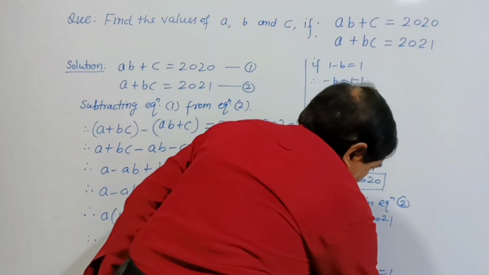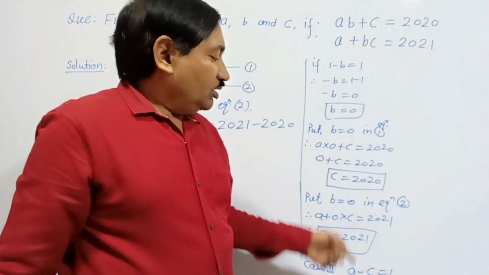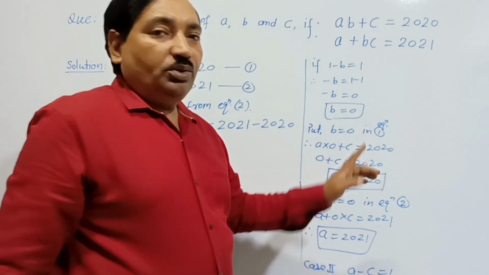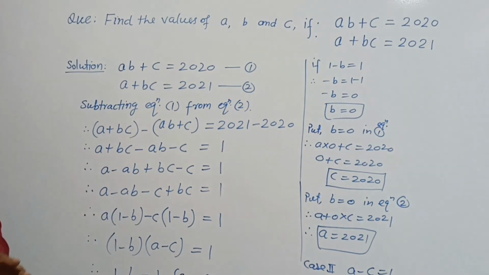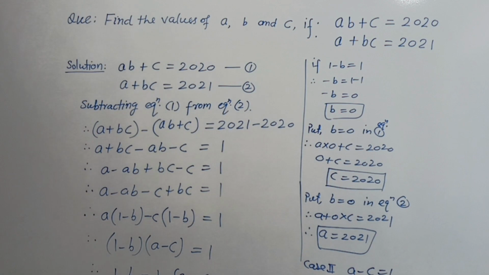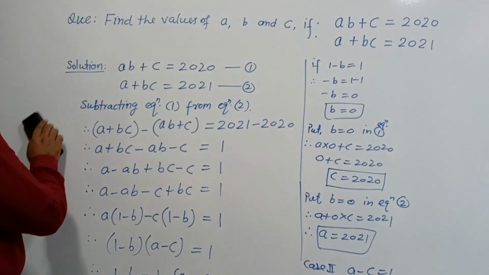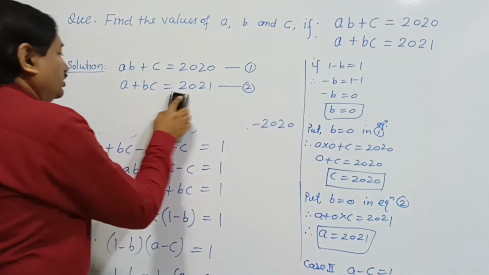So one possibility here is A equals 2021, B equals 0 and C equals 2020. This is the first possibility, and one more possibility is there. If you take a screenshot of this solution, see the next method for other values of A, B and C. Equations will be the same.